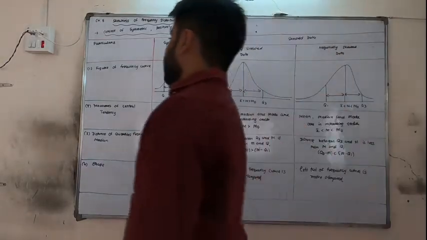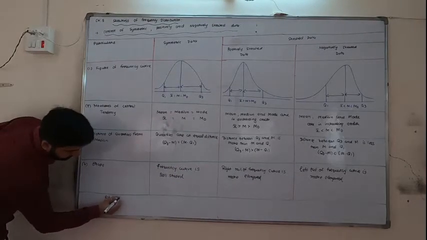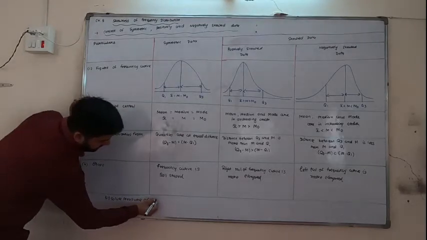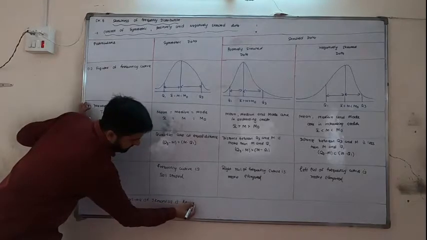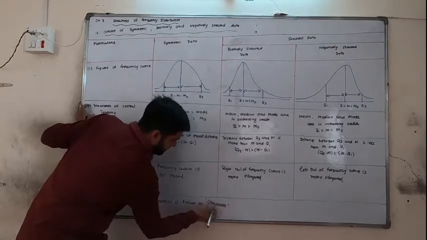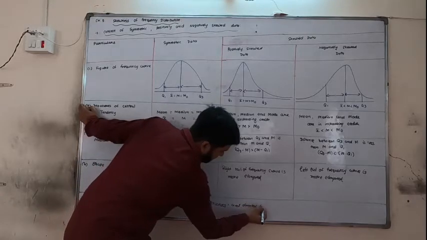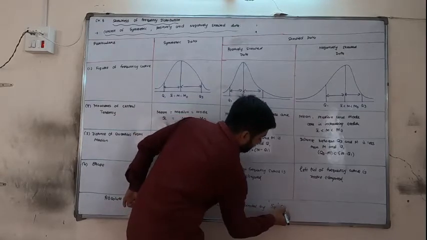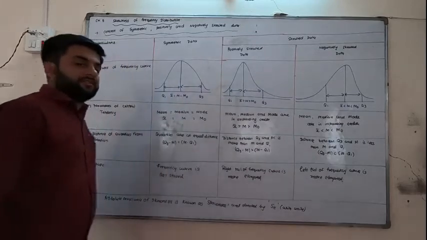So below it you will write: absolute measure of skewness is known as skewness only, denoted by SK, and in brackets we will write with units. The units which are given in the question are used.